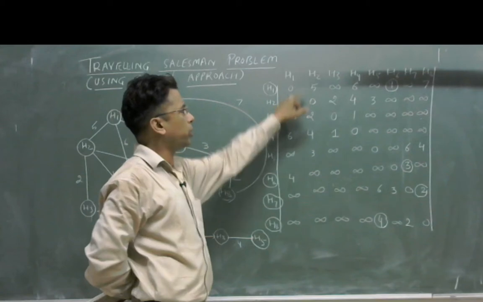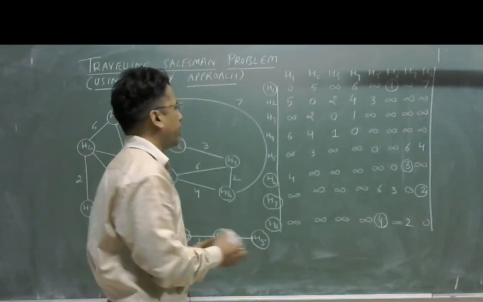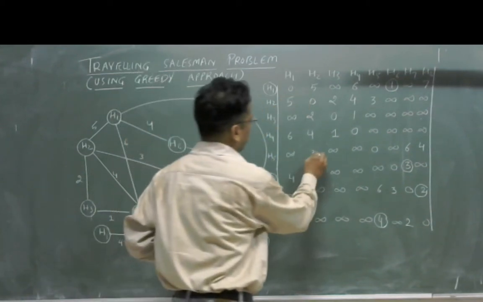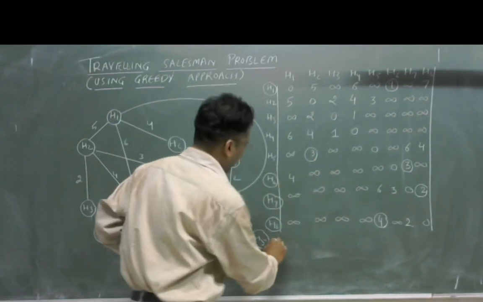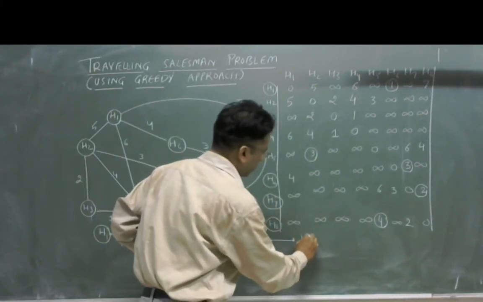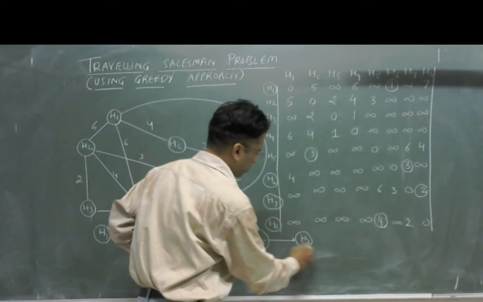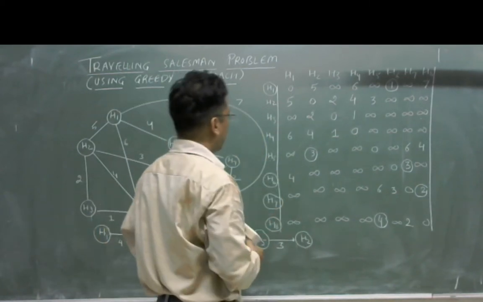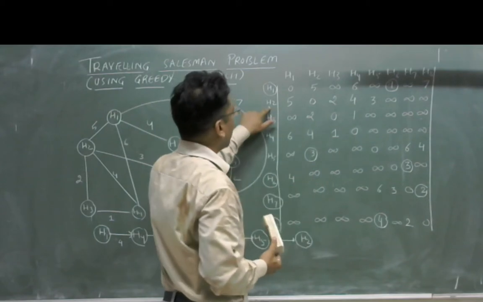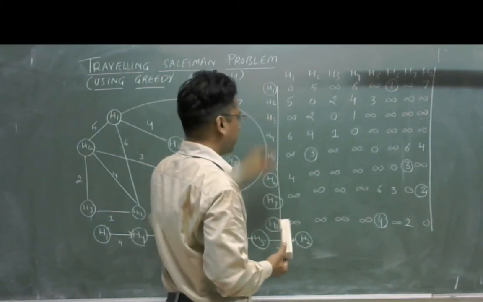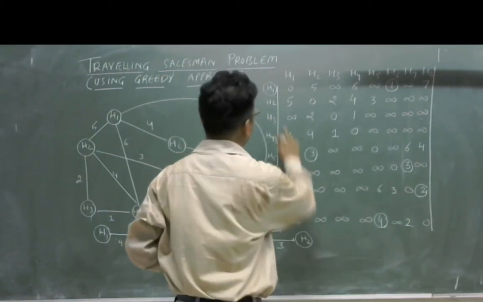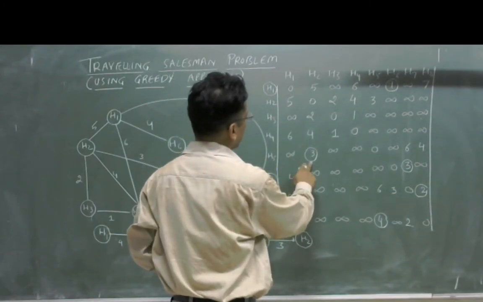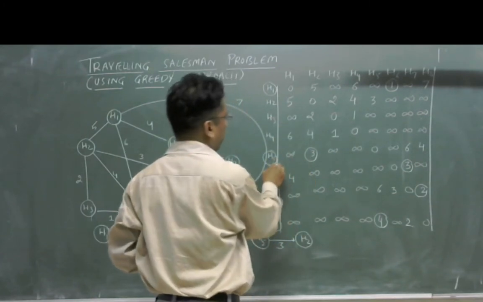H2 is not covered, so we shall mark this node at a distance of 3. After marking H2, H5 is also covered.